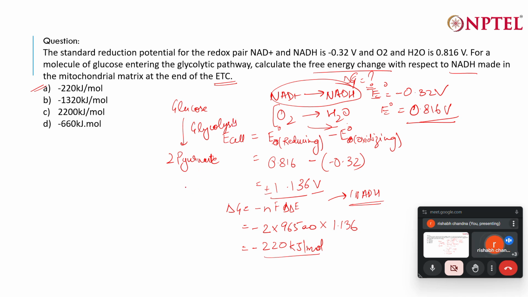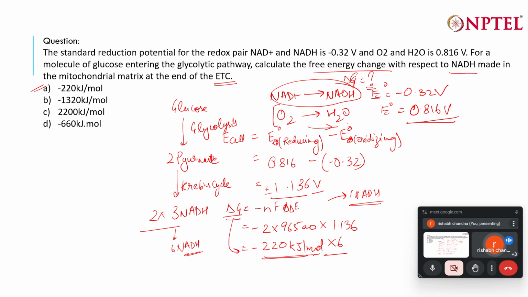Two molecules of pyruvate are formed, and through the Krebs cycle, one pyruvate molecule actually forms three NADH. So two molecules of pyruvate form six NADH molecules.